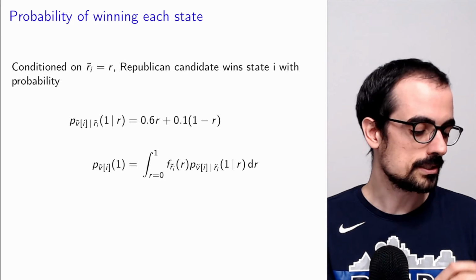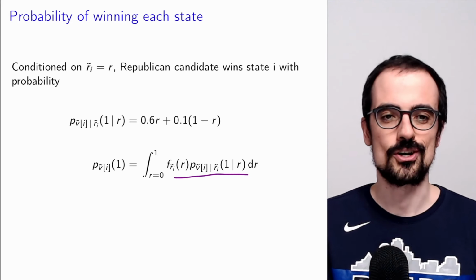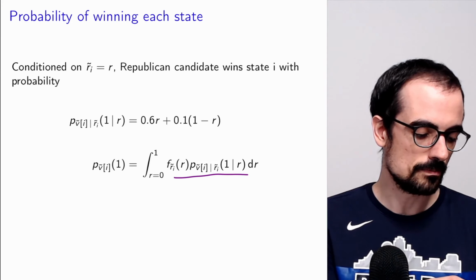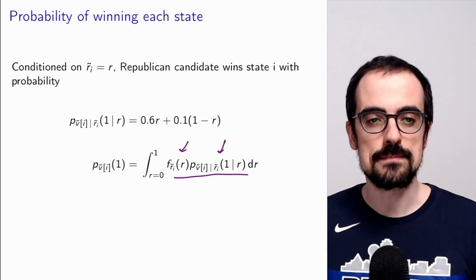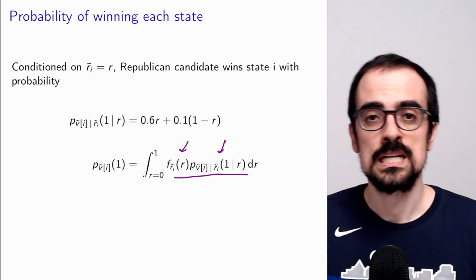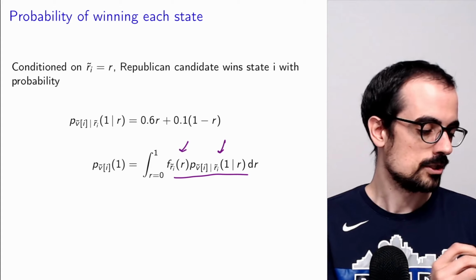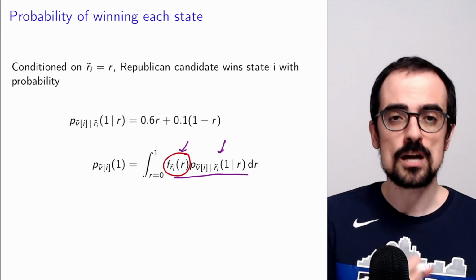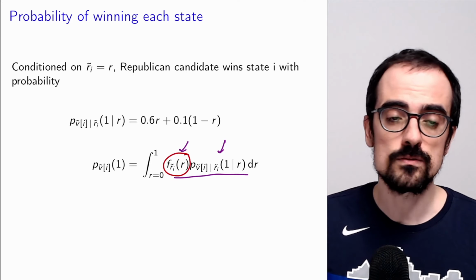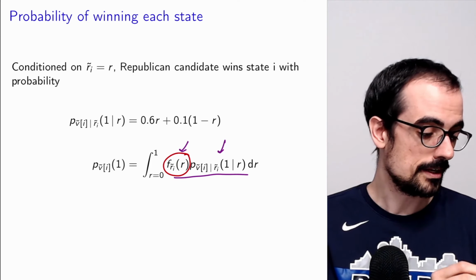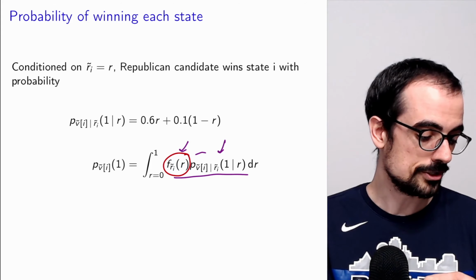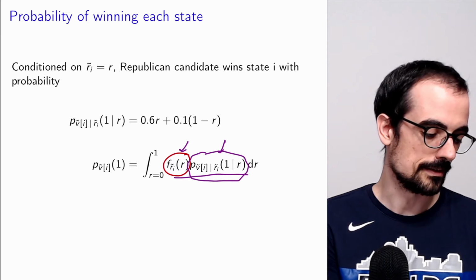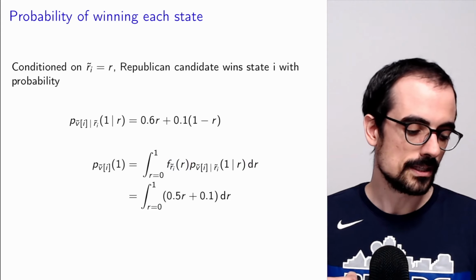We take this proxy for the joint distribution, which has the marginal PDF times the conditional PMF, and we integrate it over the continuous variable. Here we plug in the marginal distribution of the continuous variable, which is just uniform, and here we plug in the conditional probability of winning that state given the value of R, which is exactly this. So we integrate that quantity.